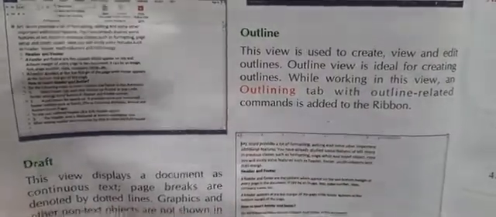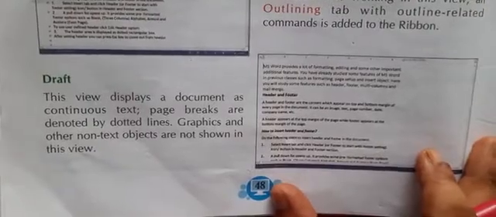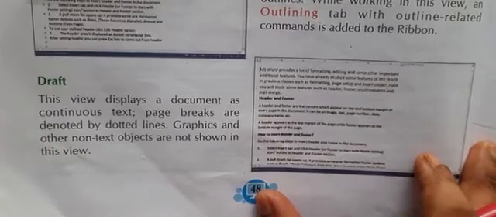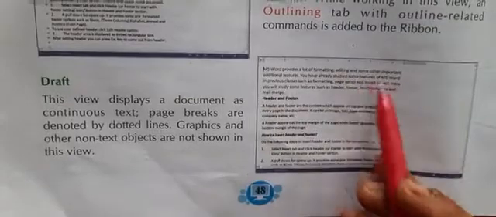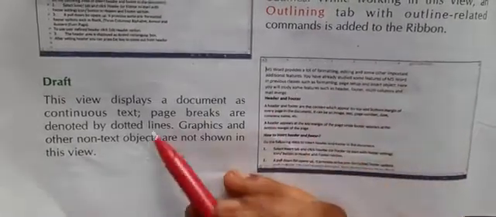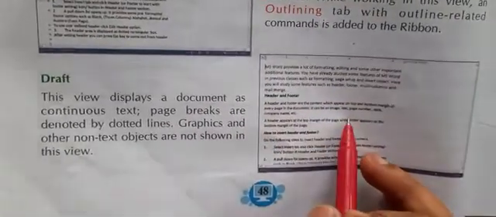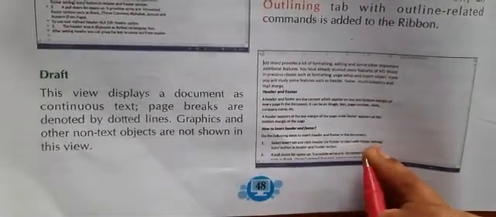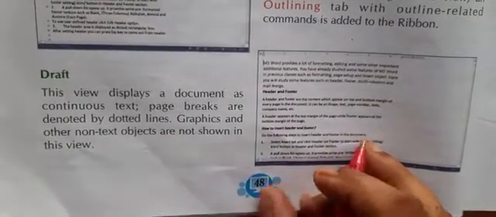Then the next and last viewing mode of the document is draft. This view displays a document as continuous text, without page breaks. Page breaks are denoted by a dotted line, and graphics and other non-text objects are not shown in this view.